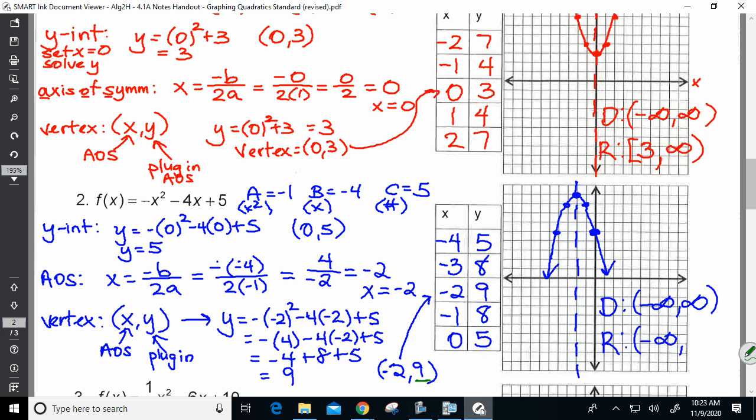The y value of the vertex was 9. So that's negative infinity, comma, 9. So we have all of our parts. Any questions on example 2 before we wrap this up?